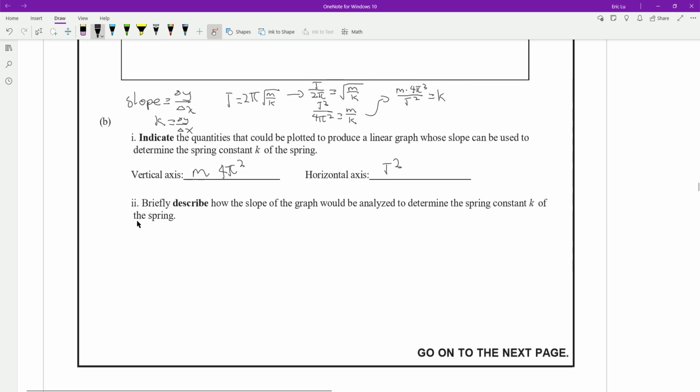So when you're describing it, you could just say the slope of the graph is equal to the spring constant. And that would be enough.